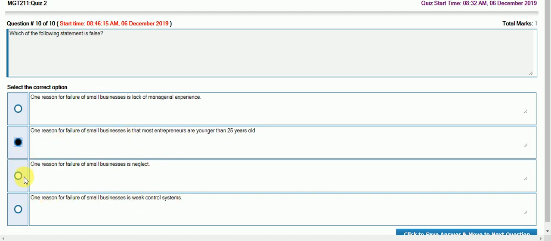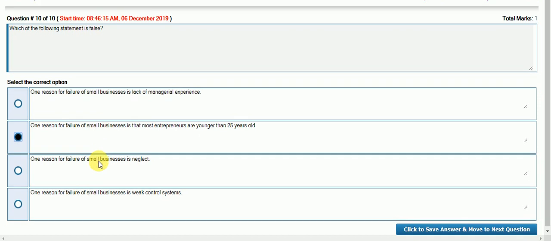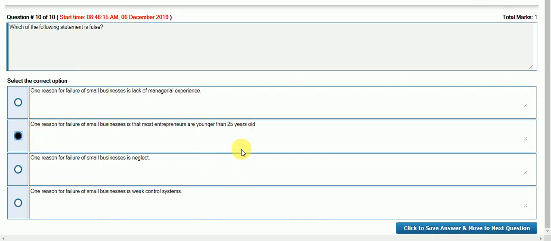This is true. One reason for failure of small businesses is weak control systems. So one reason for failure of small businesses is that most entrepreneurs are younger than 25 years old. This is the one that is false. So I'll mark this option and click save. And so we're done with it.